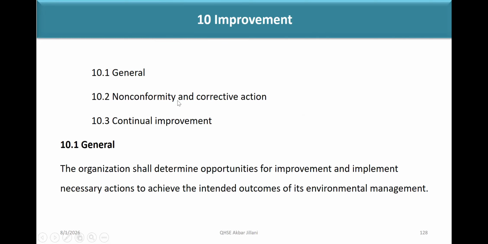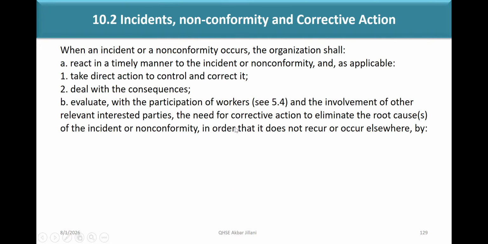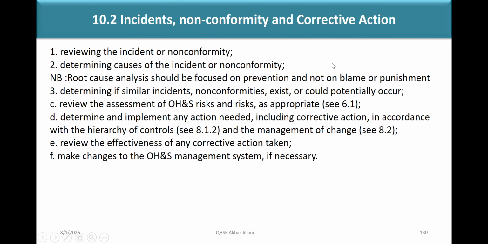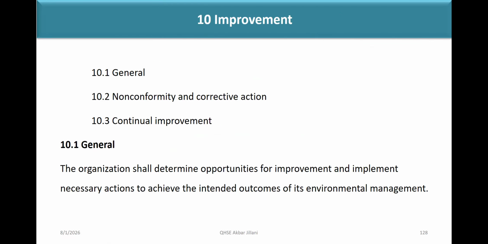Now, clause 10: General, non-conformity and corrective action, and continual improvement. The last clause: incident, non-conformities and corrective action. The general part is already done.